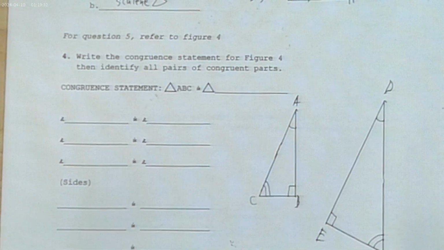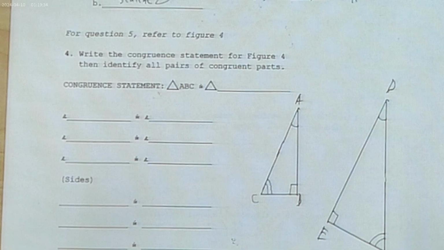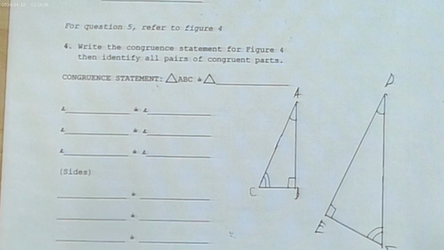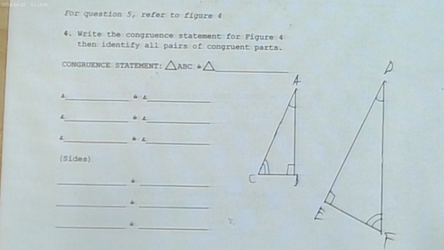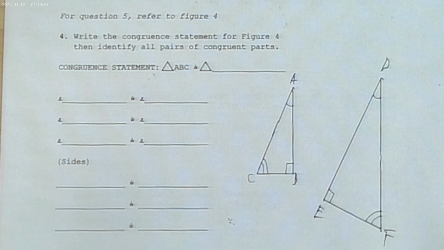Write the congruent statement for figure 4, then identify all of the congruent parts. I kind of punted on this one to Quagsire, but now we're going to formally take a look at this as part of the review process.